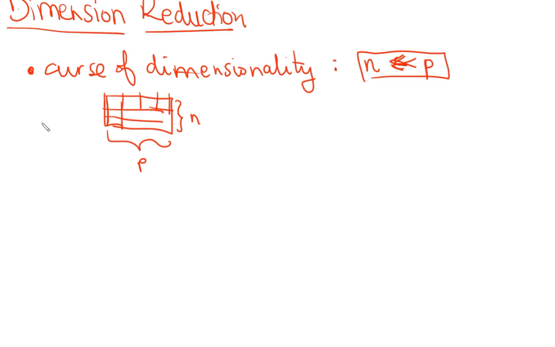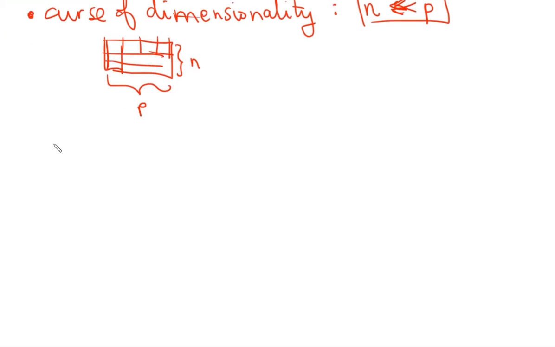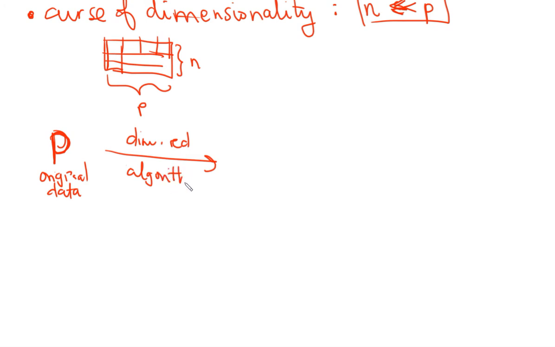Let me explain the process that we have here. Let's say we have a big P, which is the number of dimensions in our original data set. You pipe it into a dimension reduction algorithm, and when it comes out, we may end up with k dimensions, where k is less than p.